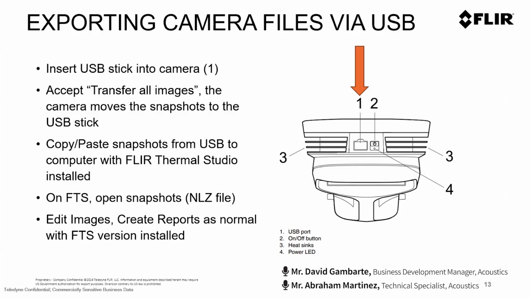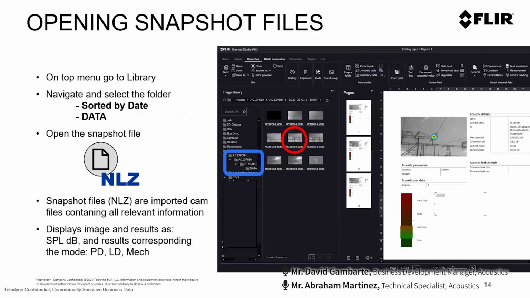On the next slide, we're going to focus on how to open these files. You have this view in Thermal Studio. Then you can go to the top menu, to Library, and it will toggle your folders and the hierarchy that you have in the folders.